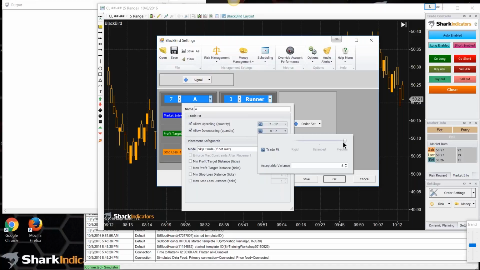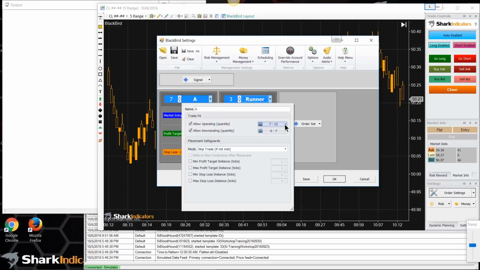So BlackBird has more freedom to reduce the number of contracts in set A than it does in our runner set. All right, so flexible means it's easier to change the number of contracts, and rigid means it's more difficult to change the number of contracts.